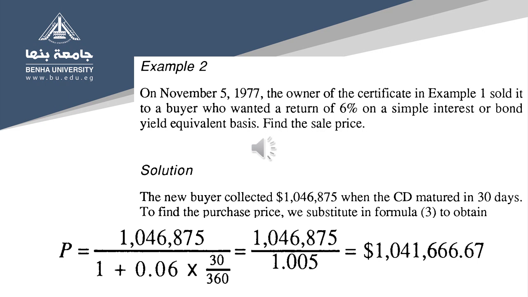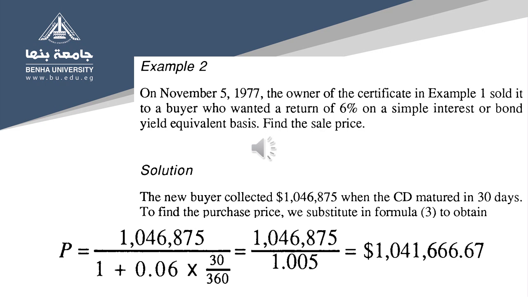B equal I over RT from the first equation in the simple interest formula in chapter number 1. And the second formula, related to S, the amount: B equal S over 1 plus RT. If we have S already, we must calculate the present value by the second equation, B equal S over 1 plus RT.